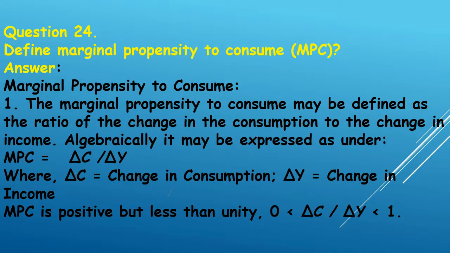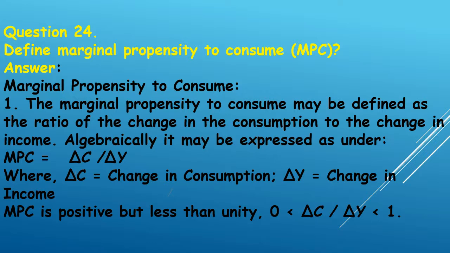Let's discuss the next question, marginal propensity to consume. Always remember, the term marginal means additional. So it is the additional proportion to consume. It is the proportion of an aggregate rise in pay that the consumer spends on the consumption of goods and services as opposed to saving it. That is called marginal propensity to consume.